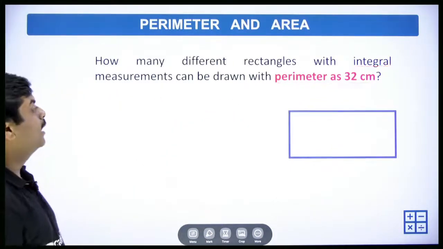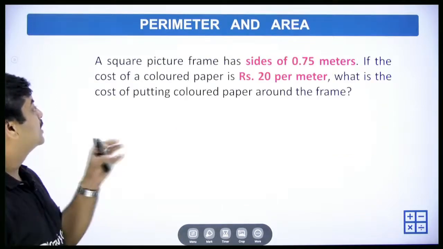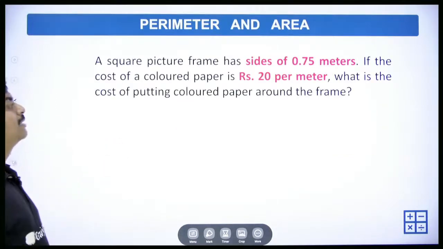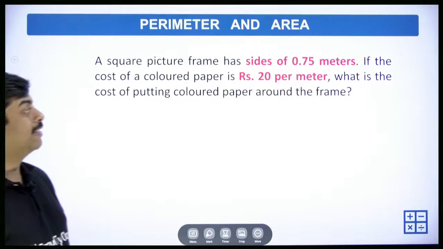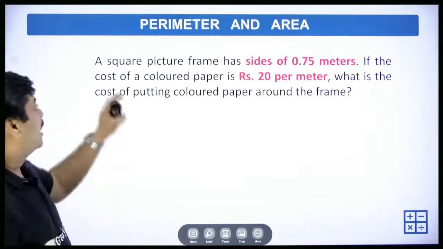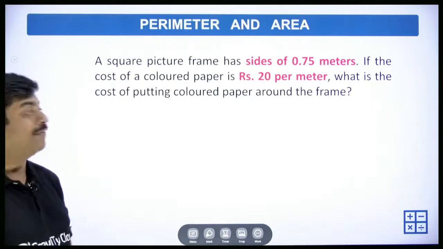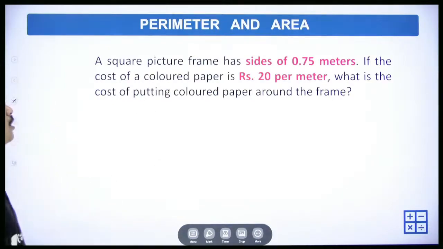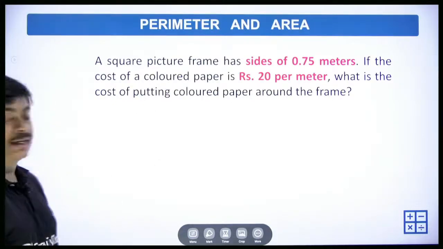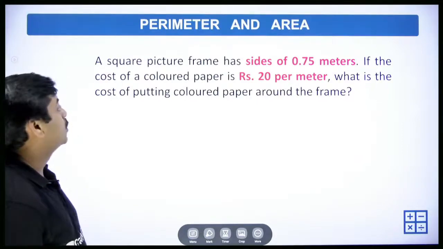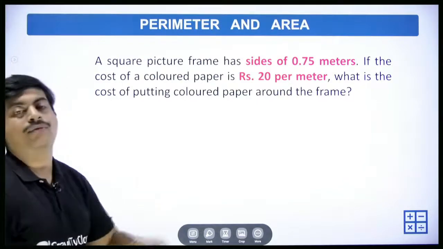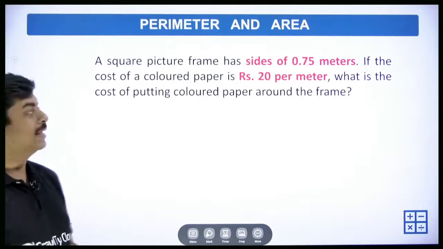Moving ahead: a square picture frame has sides of 0.75 meters. If the cost of colored paper is 20 rupees per meter, what is the cost of putting colored paper around the frame? Let's understand.